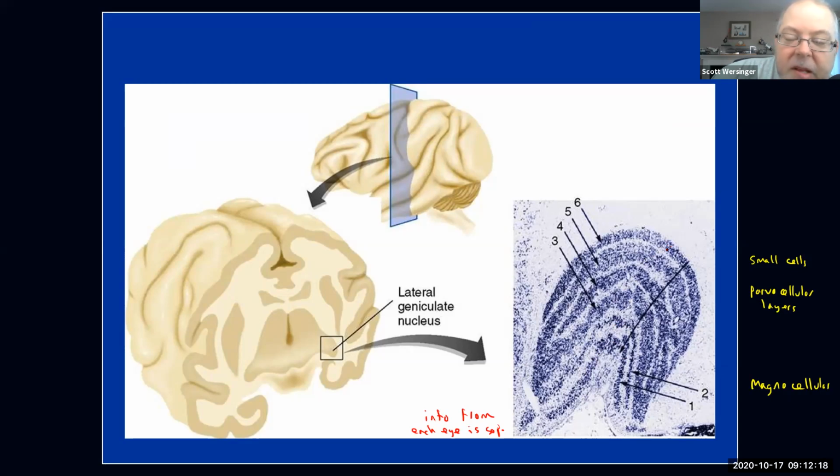Okay, and we know that because we can inject tracers into the left eye and then look and see which of these layers lights up, which shows my marker that I injected into the eye. Okay, so we're keeping information from each eye separate here. The magnocellular, remember, magnocellular is going to be important for movement. It's got a large receptive field. Okay.